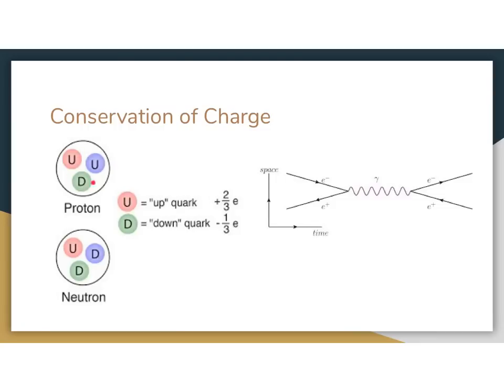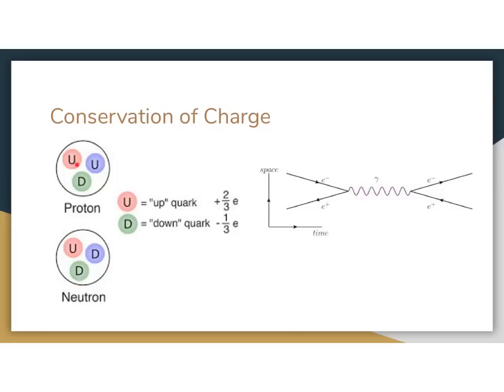So in order for this to happen, let's have a look at a simple case here of a proton. Now, we haven't spoken about quarks yet, okay, but a proton is actually made up of two up quarks and a down quark. Now, in order for this to have one elementary charge, if we add their respective charges together, an up quark has a positive 2/3 elementary charge, okay.